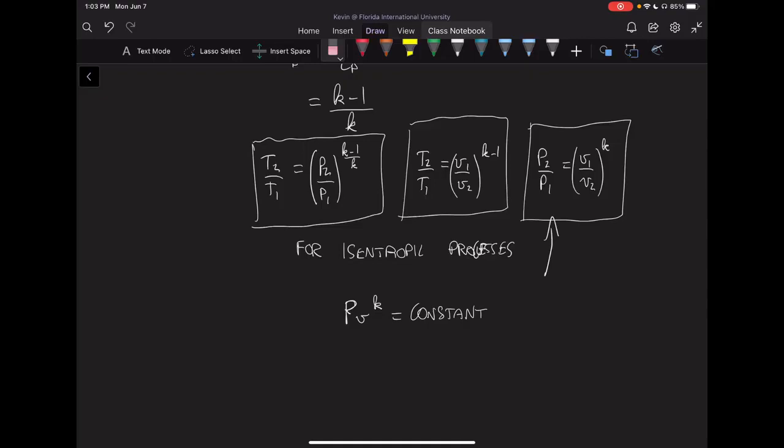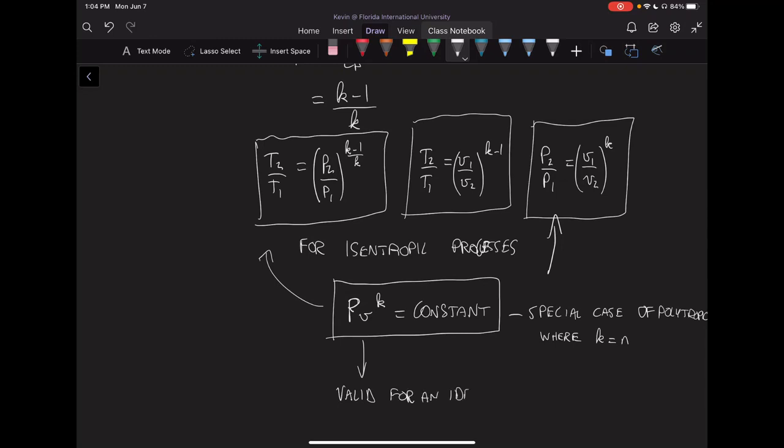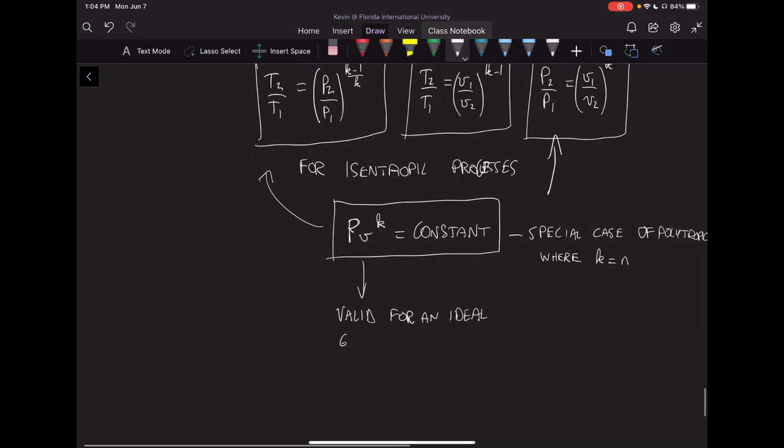So we've replaced n with K. And this, and all these equations as well, is valid for an ideal gas undergoing an isentropic process.